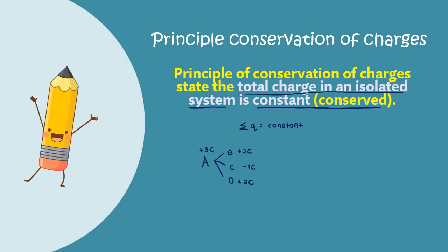If you see here, particle A is 3 coulomb, and after A decays into B, C, and D, we get positive 2 plus negative 1 plus 2, so we get 3 coulomb. This is what is meant by the total charge in an isolated system being constant. It means that the total initial charge equals the total final charge.